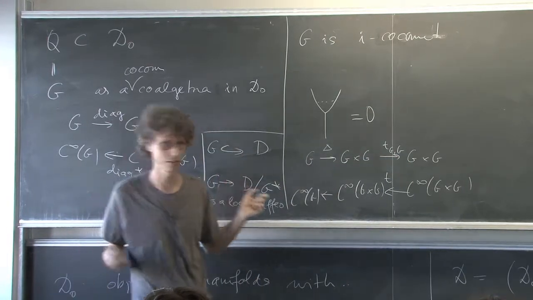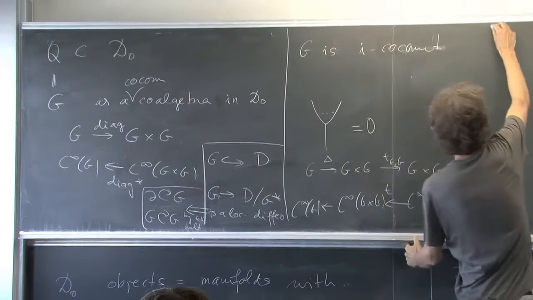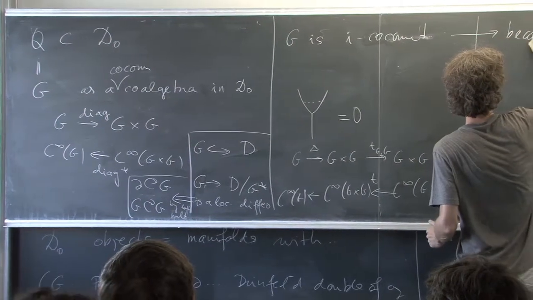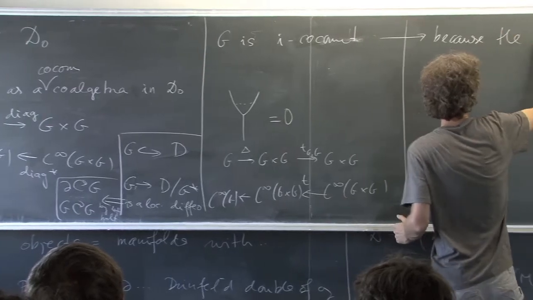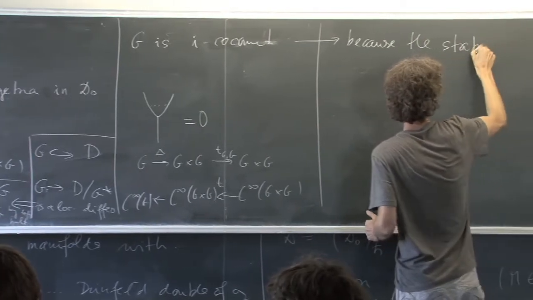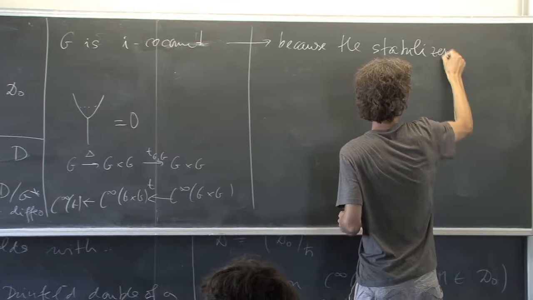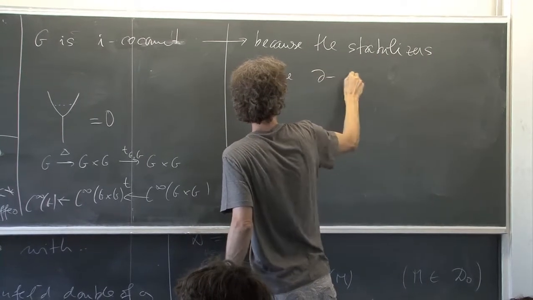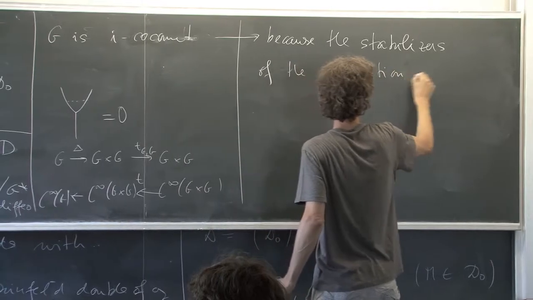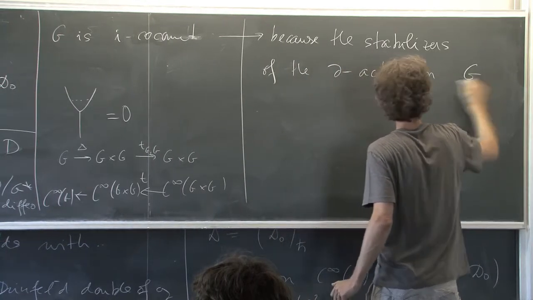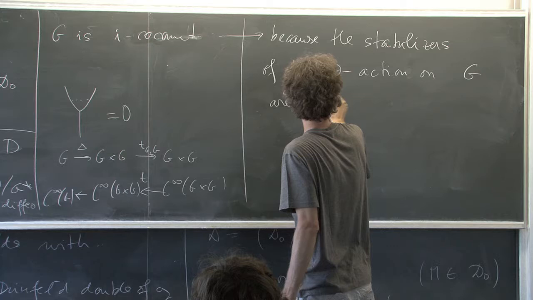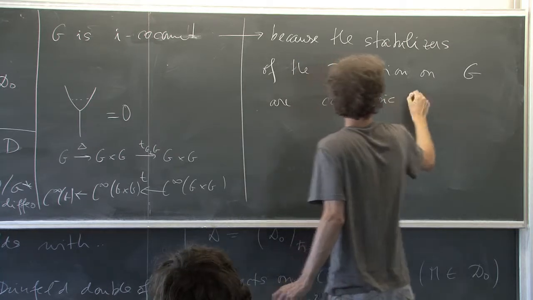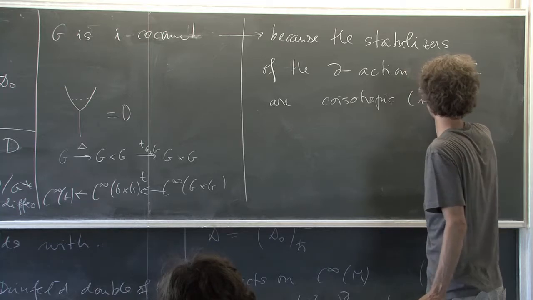This is 0. So why is it? The idea is because the stabilizers of the D action on G are coisotropic, or in fact Lagrangian.